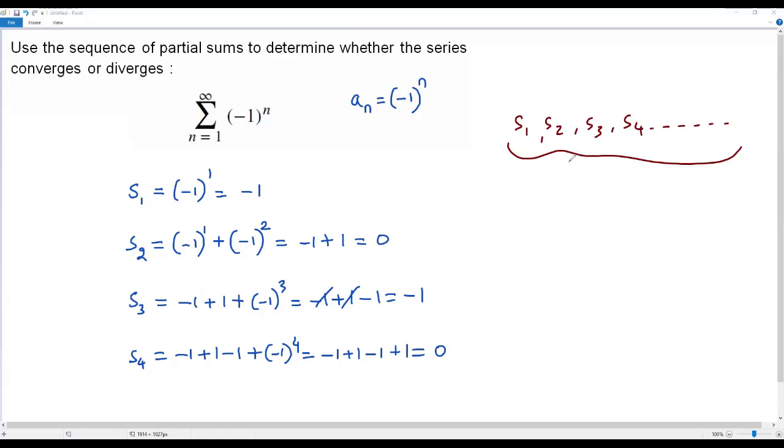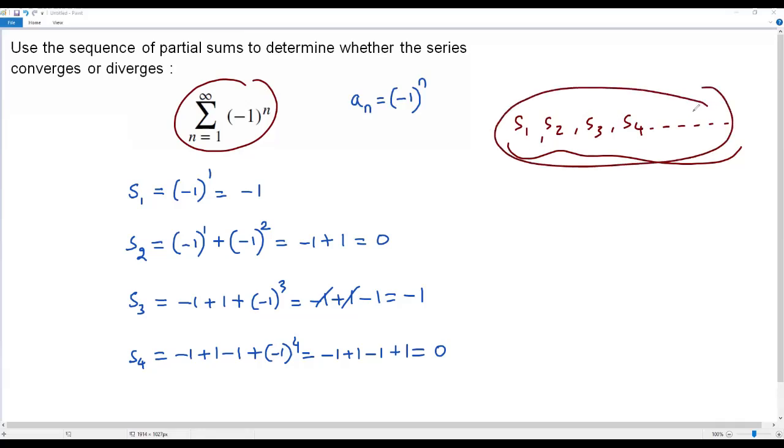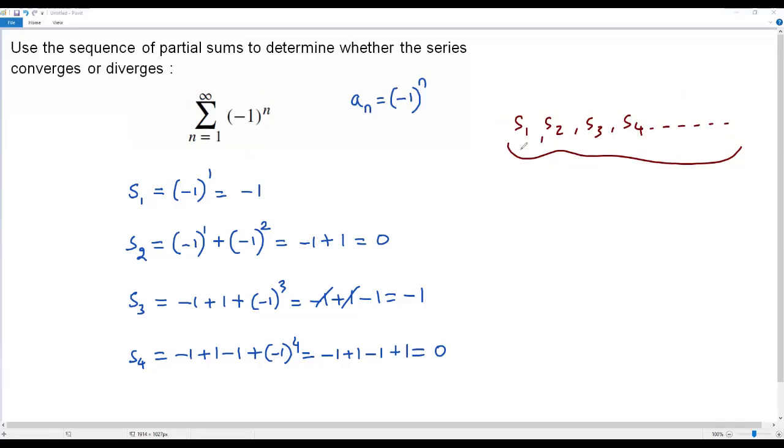If this sequence converges to a finite value, then the given infinite series converges to that value. If the sequence formed by the partial sums diverges, then the given infinite series diverges.